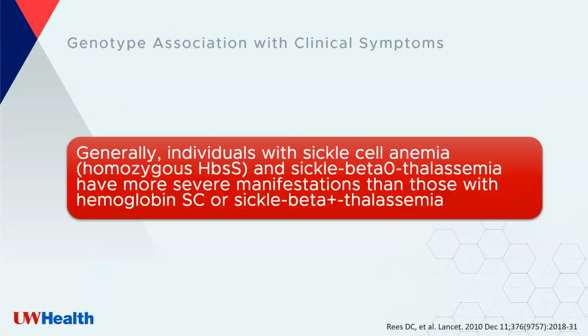In reference to genotype association with clinical symptoms seen in sickle cell disease, generally individuals with sickle cell anemia, who present as homozygous for this hemoglobin S cell type, and also patients with sickle cell beta thalassemia have more severe manifestation than those who have the heterozygous hemoglobin SC cell type or the sickle cell beta positive thalassemia.